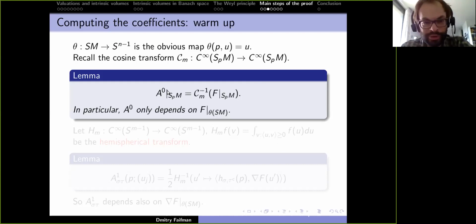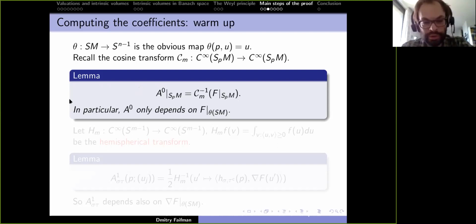Okay, so for the zeroth coefficient, all is good. It only depends on the values of the norm on the image of the sphere bundle under theta, on knowledge of f on all those points on the sphere which occur as unit tangent vectors to the manifold. Okay, very good. What about the other ones?